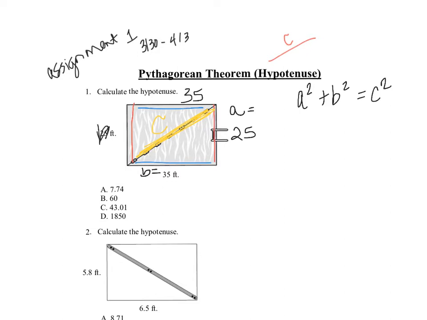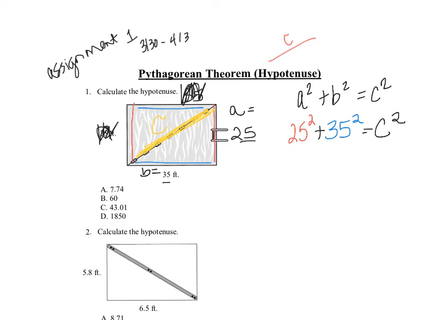Okay, so I don't need this. I already have those numbers here and here. So if that's A, 25, and that's B, 35, I'm gonna plug those into my formula. So A squared is 25, and I have to square it, which just means 25 times 25, plus B squared, so that's 35 squared, equals C squared.